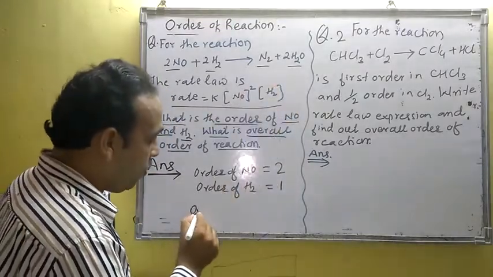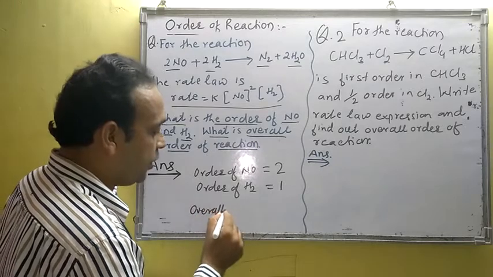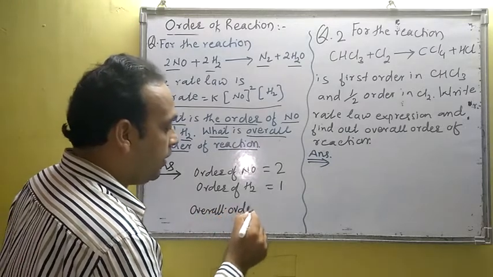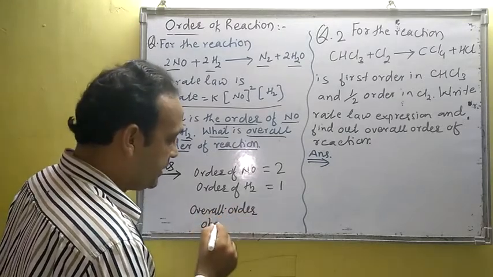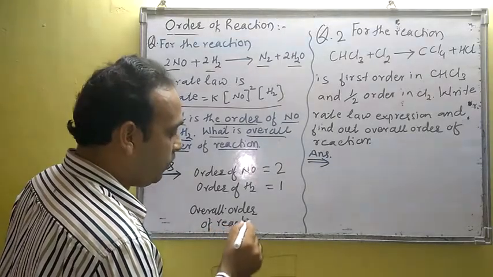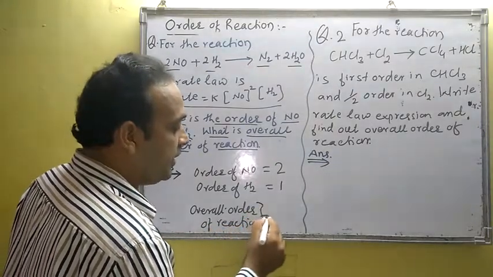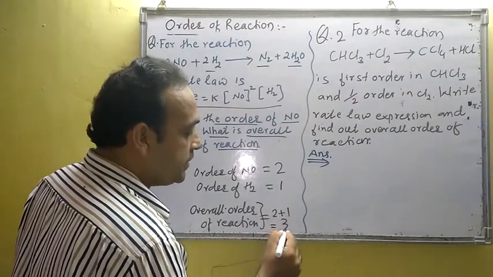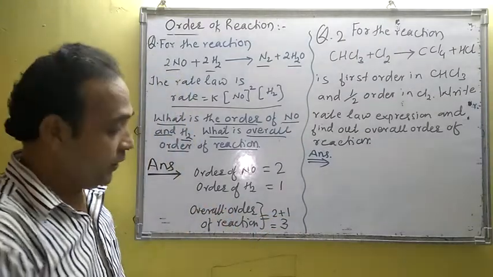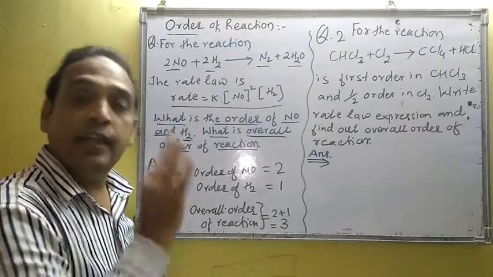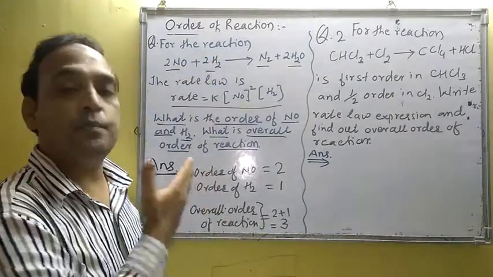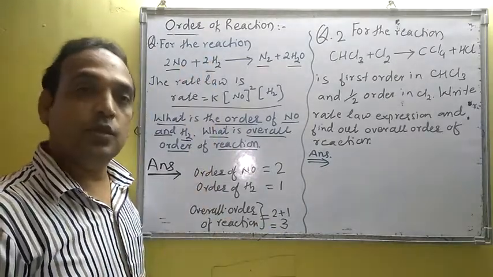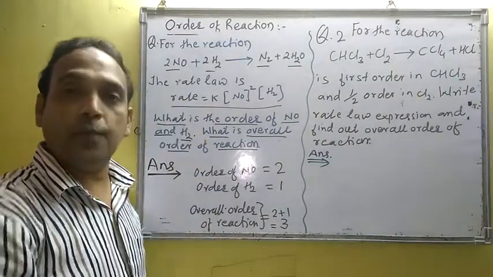Now what is the overall order of the reaction? It is equal to 2 plus 1, which means this is a third order reaction. The overall order of reaction is 3. So simple questions may be asked in MCQs or in very short type questions.